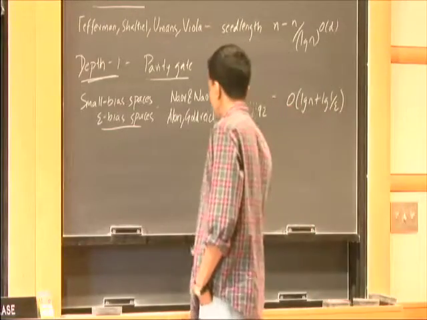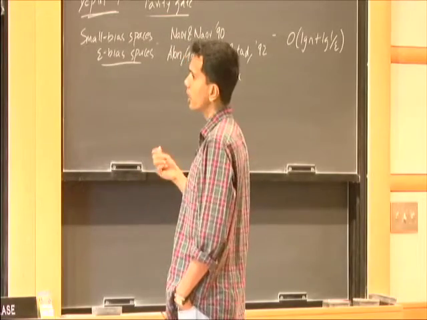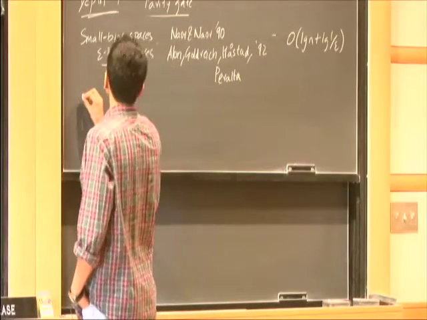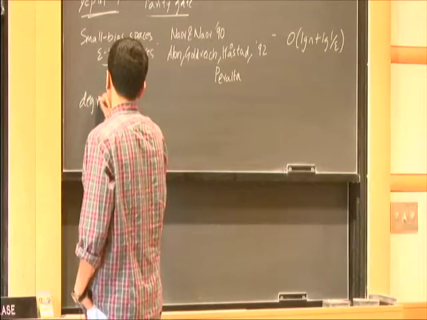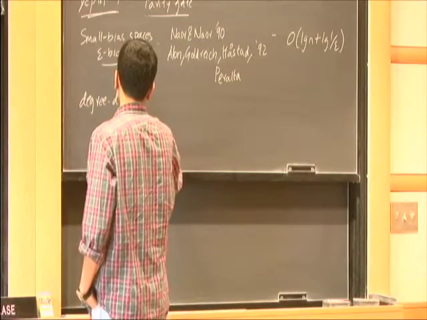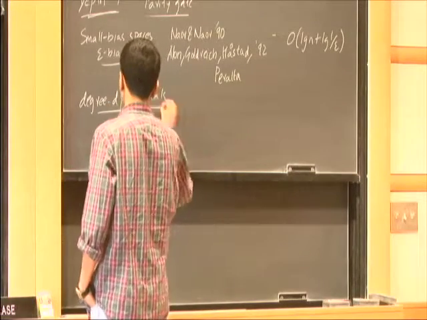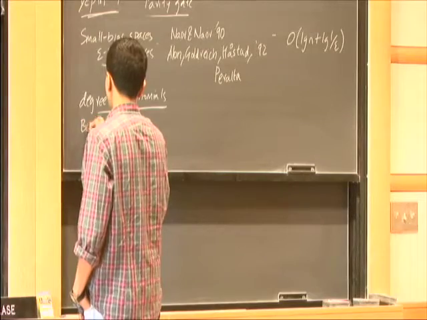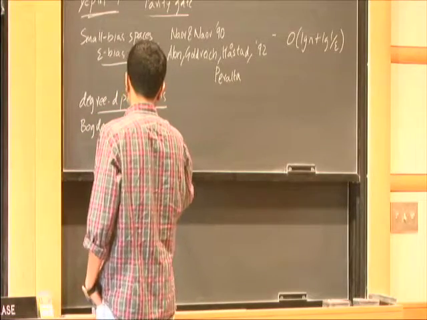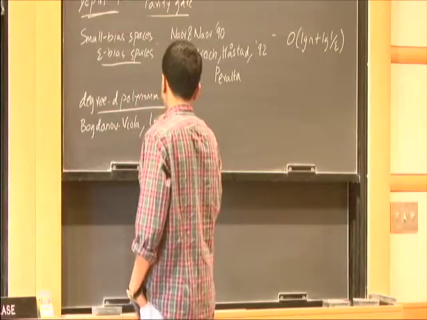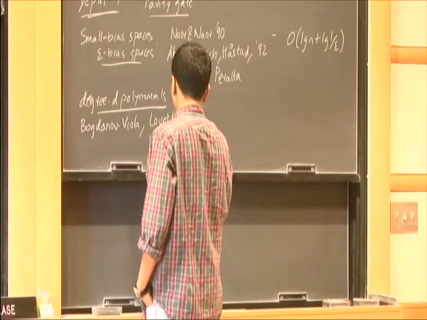And more generally, if you think of parity gates as just being linear polynomials, degree 1 polynomials over F2, we also have the answer for degree d polynomials. And this is more recent work, starting with the work of Bogdanov and Viola, then Shachar, and finally a work of Viola.